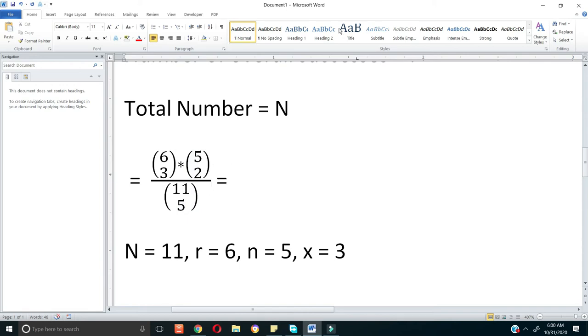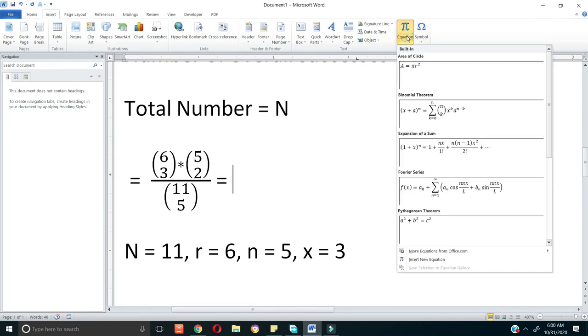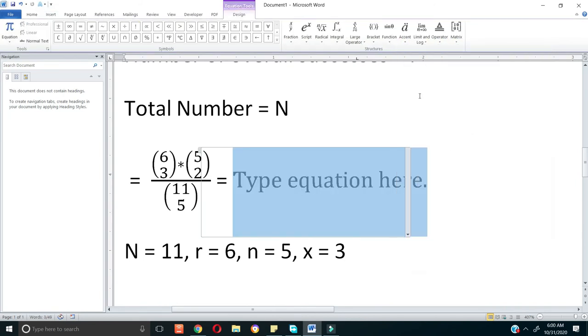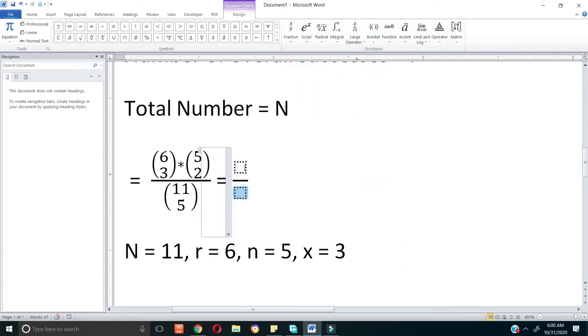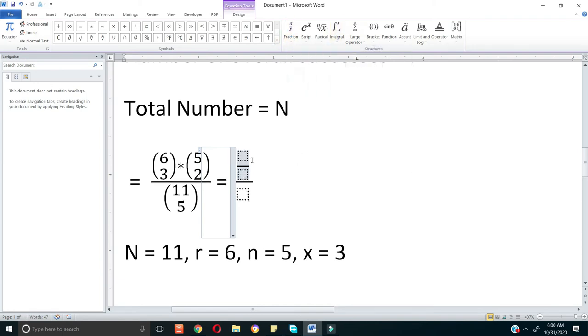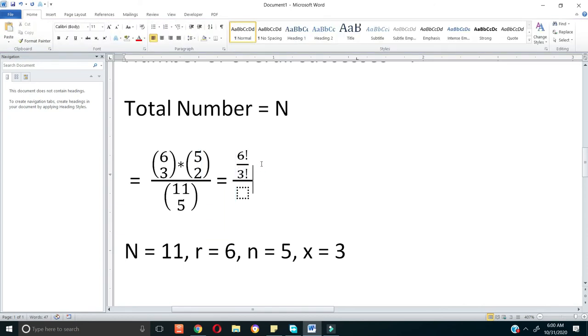It's a whole bunch of calculations. So you want the fraction. On the top we have a combination, which is 6 factorial over 3 factorial times 6 minus 3 factorial, which is 3 factorial.